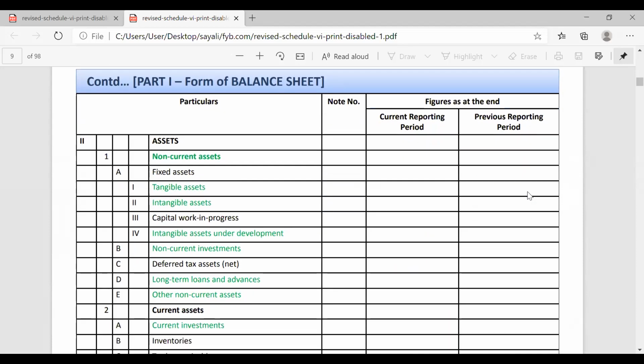Now we discuss the Part 1 form of balance sheet, asset side. The assets are also divided into parts. First, the non-current assets, which include fixed assets. Fixed assets are again divided into two parts, tangible assets and intangible assets. Third, capital work in progress, and fourth, intangible assets under development.